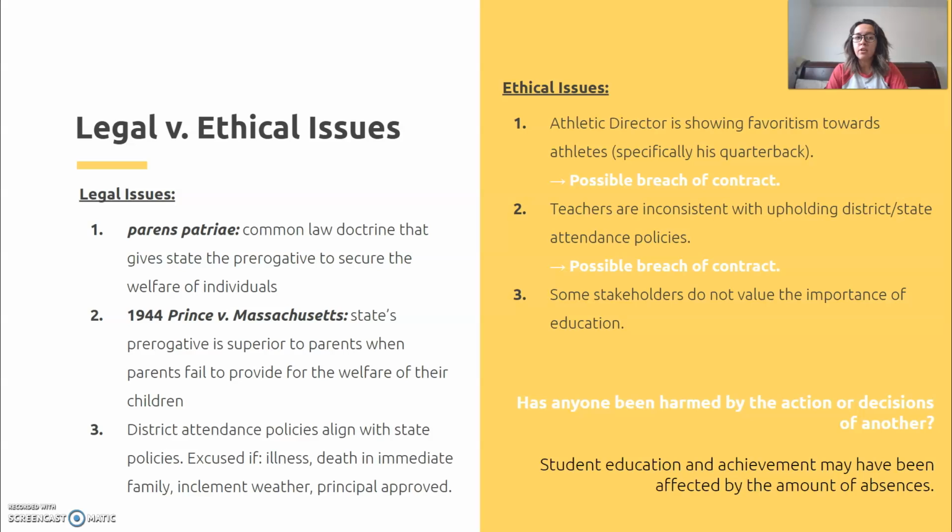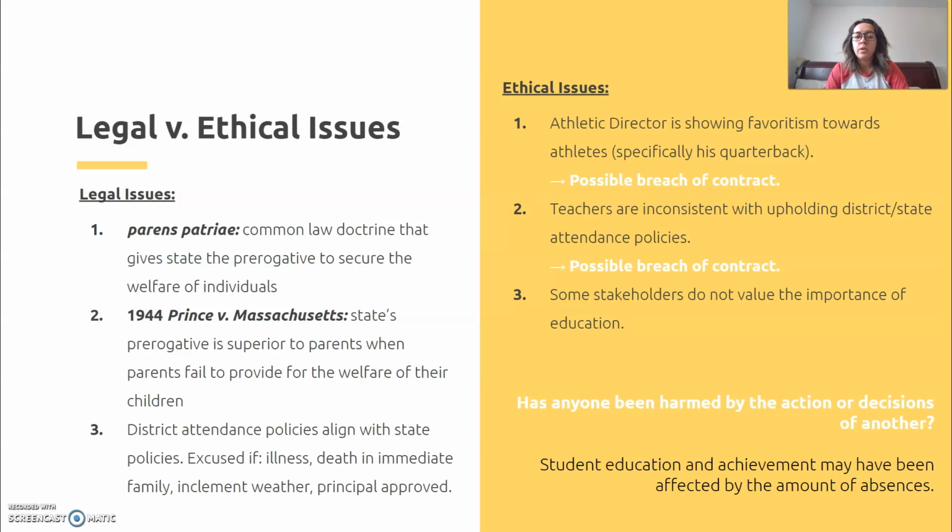So let's discuss legal versus ethical issues. Some legal issues that we've seen here are parens patriae, which is a common law that gives the state, whatever state you're in, the prerogative to secure the welfare of individuals. So if the welfare of an individual is not being met, the state has higher say than the parent or the guardian.